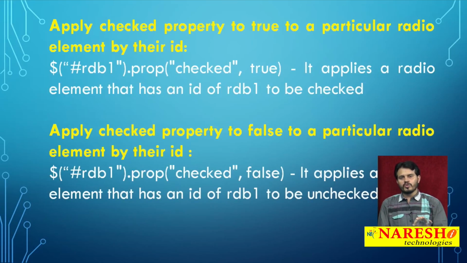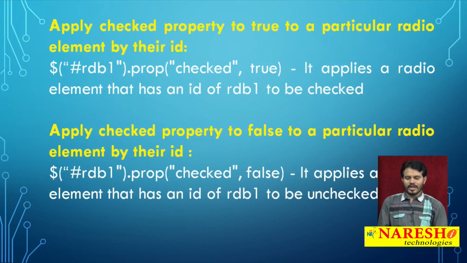So I would like to set the checked property to true on any one radio element at runtime by using our jQuery code, or make any one radio element unchecked at runtime. So how do you do that? $('#RDB1') means any one radio element is selected.